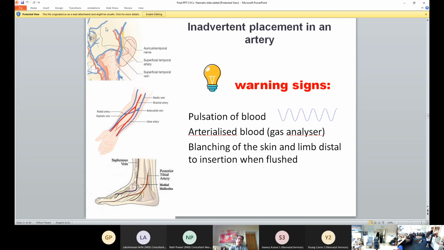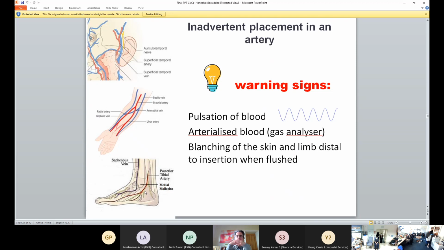So in the head, the superficial temporal vein, just in front, there is the temporal artery. In the arm, median cubital, just close to the brachial artery. In the foot, the long saphenous starts in front of the medial malleolus.